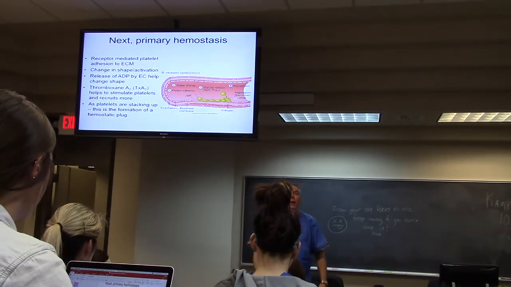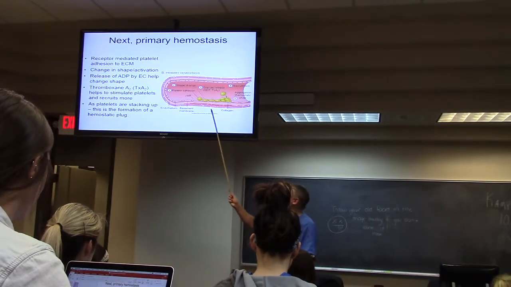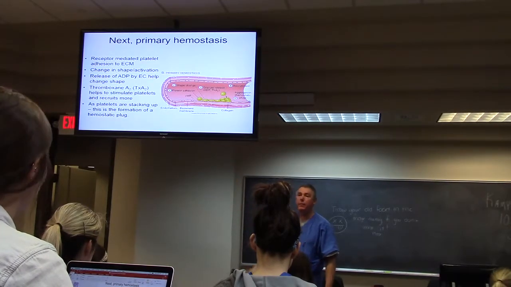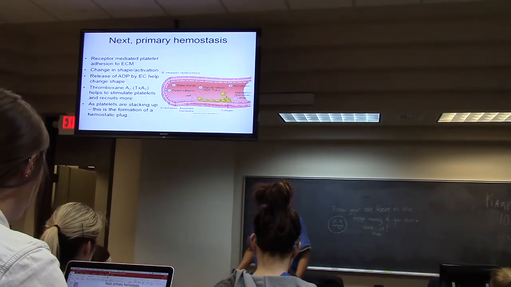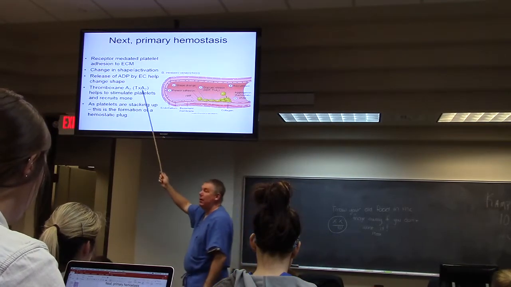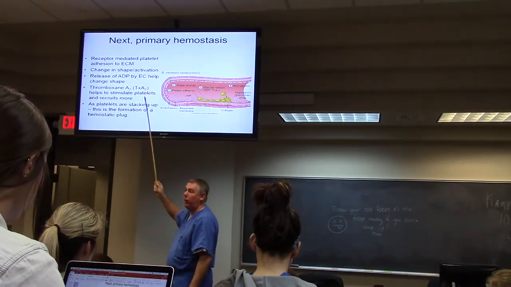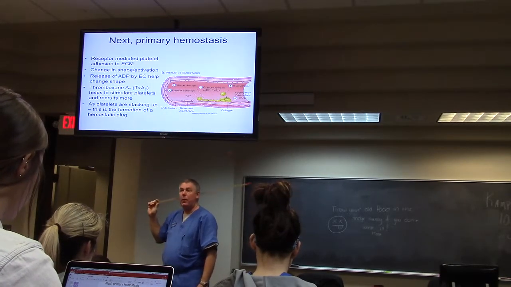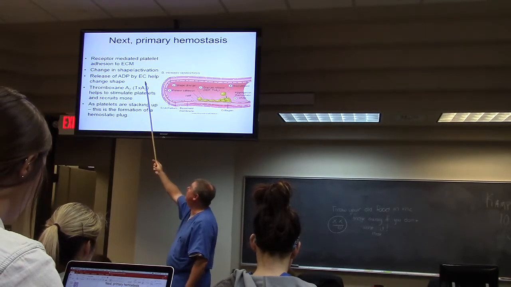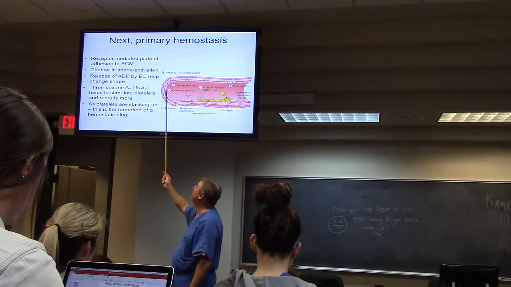Primary hemostasis. What happens here is we have a rip in the endothelial cells. And let me define a couple of things here. ECM stands for extracellular matrix. Mostly what we're talking about is collagen in the basement membrane. EC on these slides stands for endothelial cells.